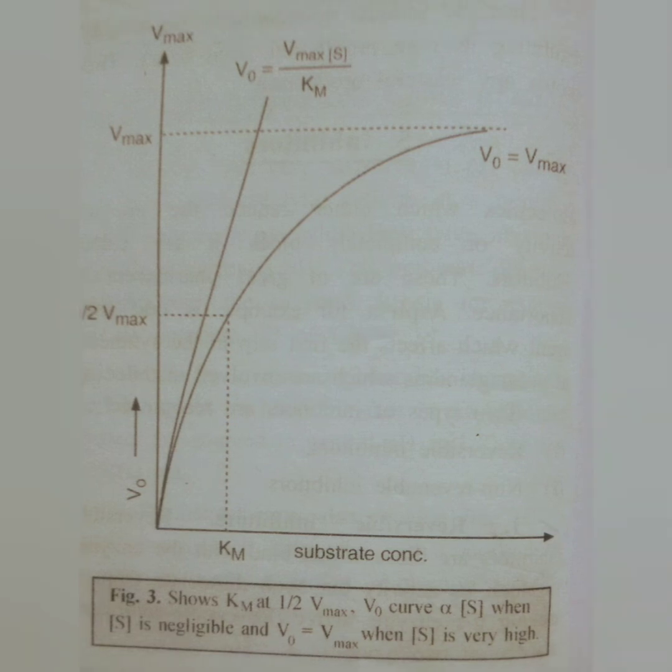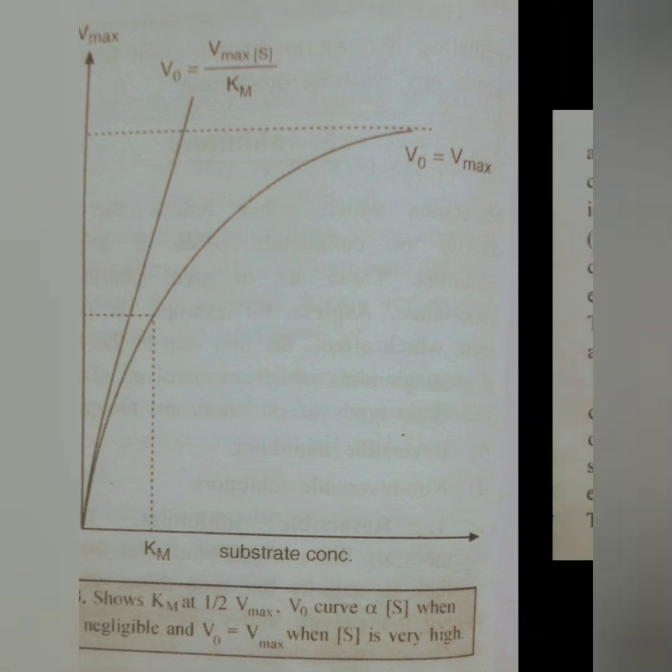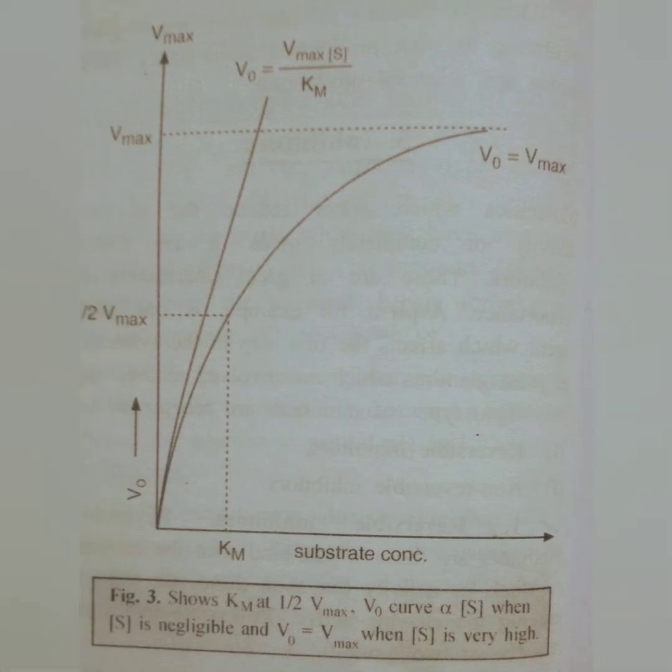That is the rate of formation of product when not all the enzymes are involved in the ES complex formation, because you have given only a few substrate concentration. So some enzymes are free and some enzymes bind with the substrate and catalyze the reaction. So only a few products will form. So that is given by the initial velocity V0.